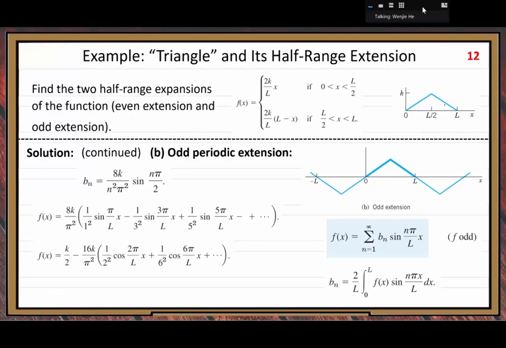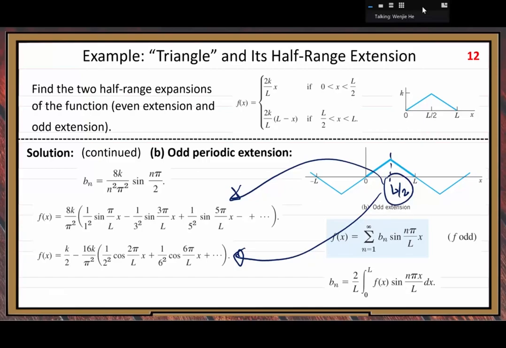So for example, if I take L over 2, this same point, I can plug into the first formula and also the second formula, and the function values must be the same. That's non-trivial, right?